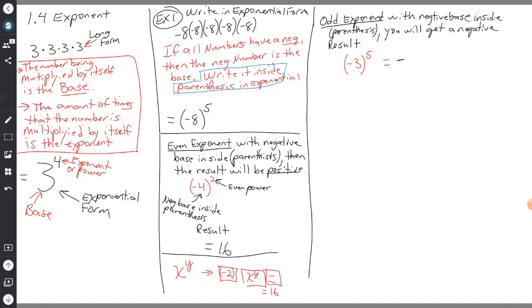Who has a calculator? It came up as 243. So it would be a negative 243. So that's one way you can do it if you don't have a calculator that shows you your parentheses.